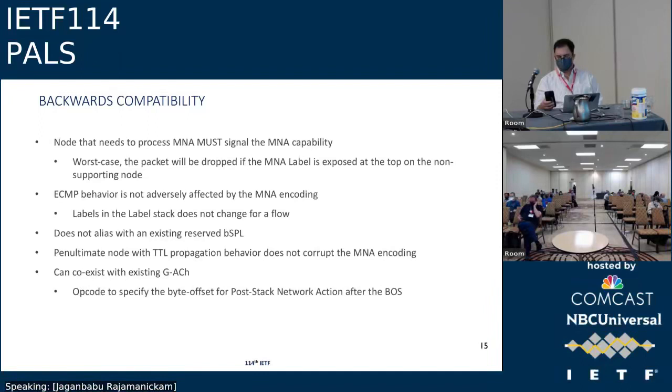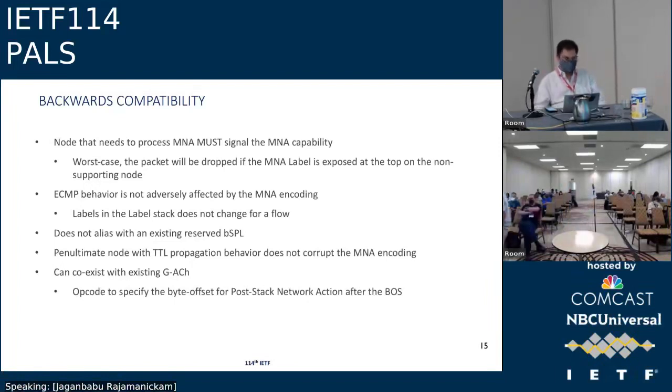The second compatibility is ECMP behavior. Here the labels in the label stack do not change for a flow, so the ECMP is going to remain the same for that specific flow. We are not disturbing the ECMP flow as such.